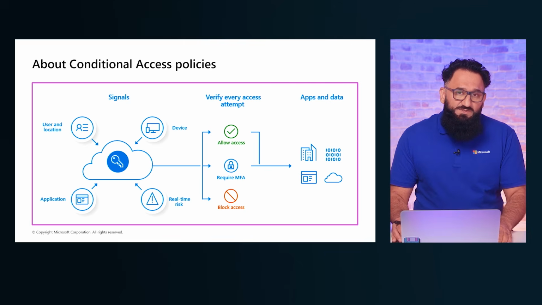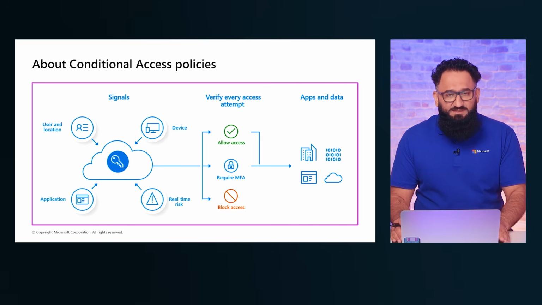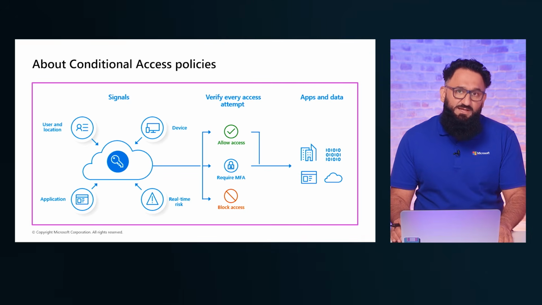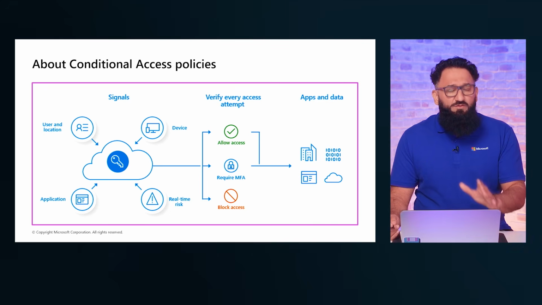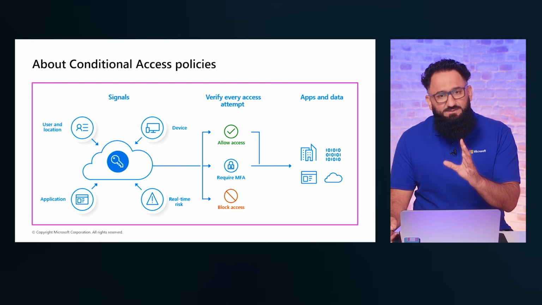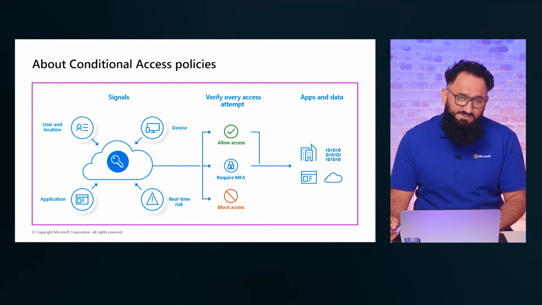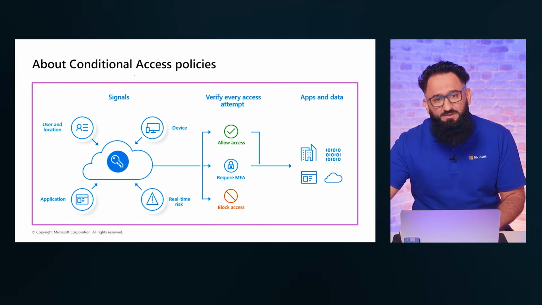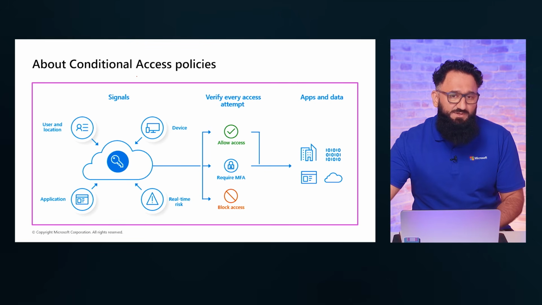All right, before we go into the details of how to configure conditional access, let's first understand how conditional access actually works. This is where I tend to explain these policies as if-then statements.